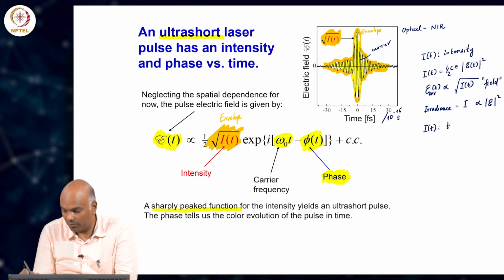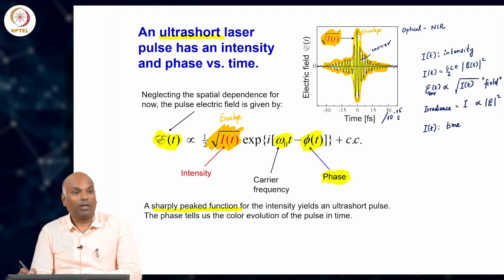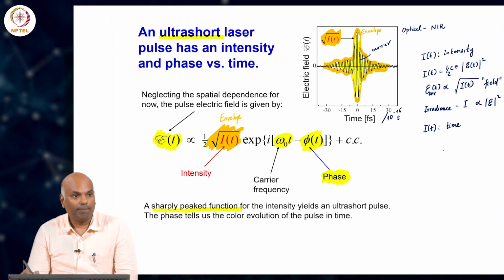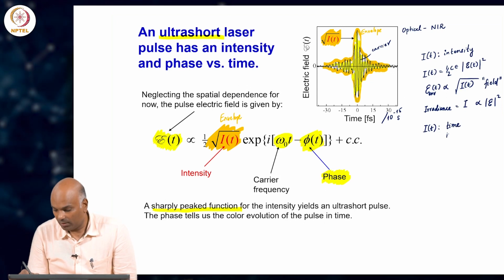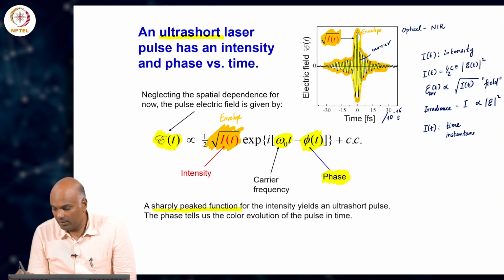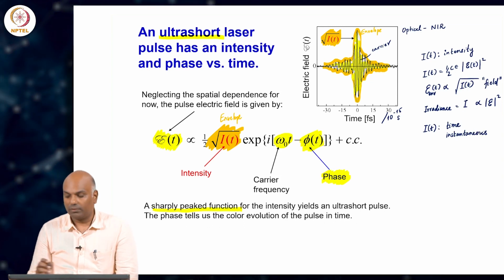I of t is a function of time. This function has an instantaneous description to it.